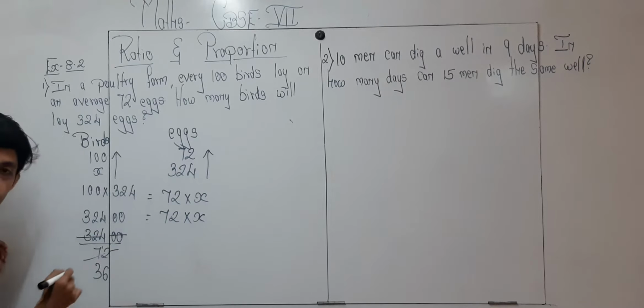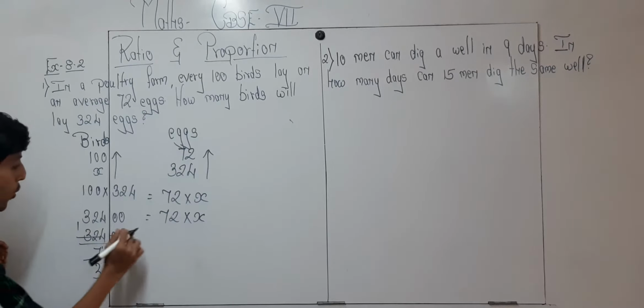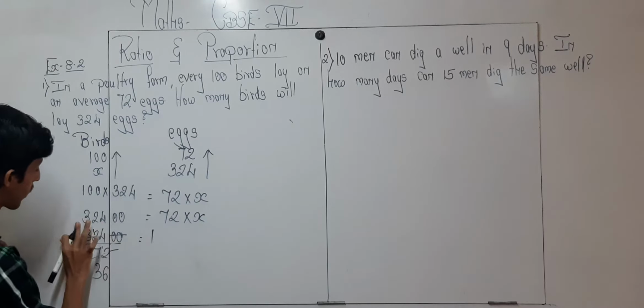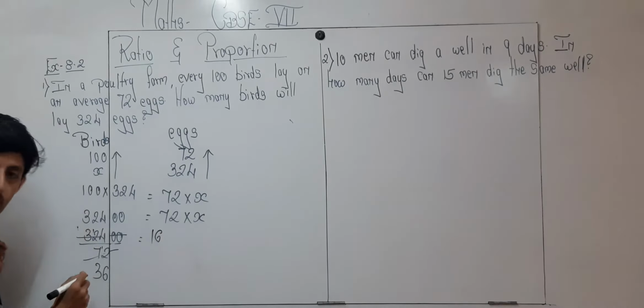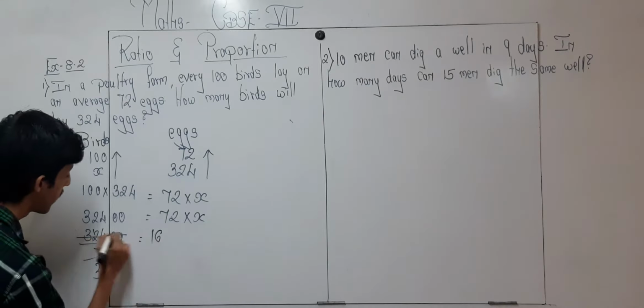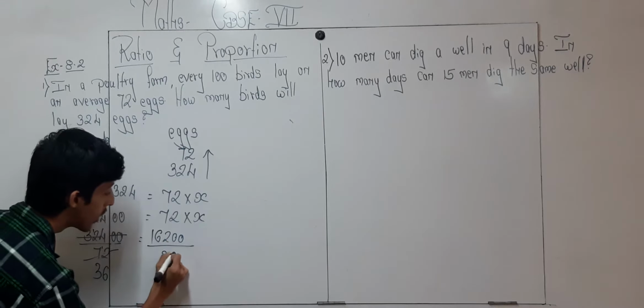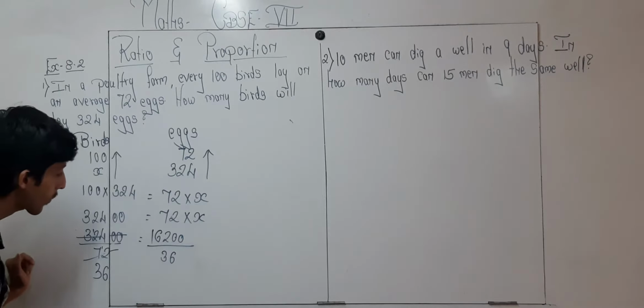Now over here again 2 1 are 2. Over here I am writing 2 1 are 2. Over here 2 6 are 12. Okay, and 2 2 are 4. Over here 2 zeros upon 36. Okay.